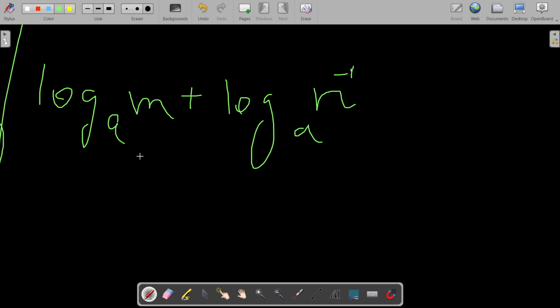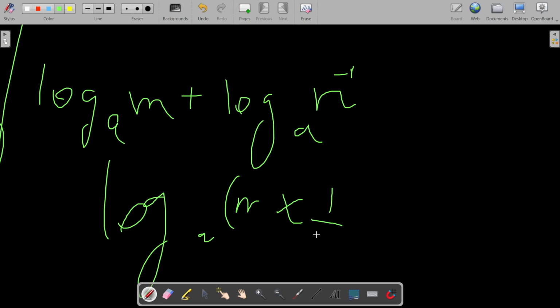So now this has become like property number 2, the sum property. So the arguments must be multiplied. Let's multiply the arguments to give the final answer. It is m into 1 by n. Okay, n to the minus 1 is 1 by n.